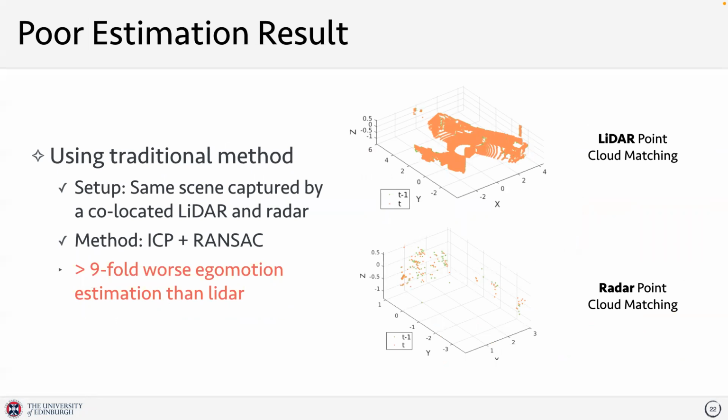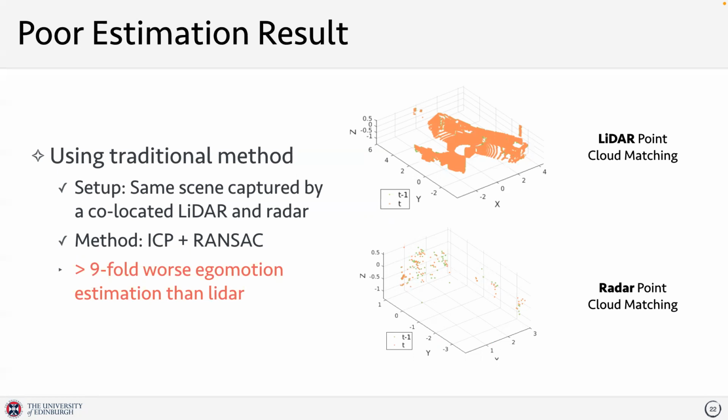Let's see how realistic it is and what real impact it has on the matching results. Here I want to show a result given the same scene captured by the LiDAR and a co-located radar, namely they have seen the same thing.